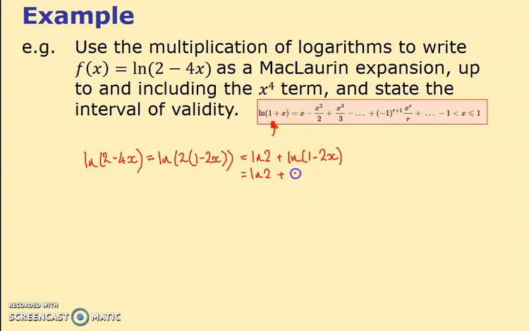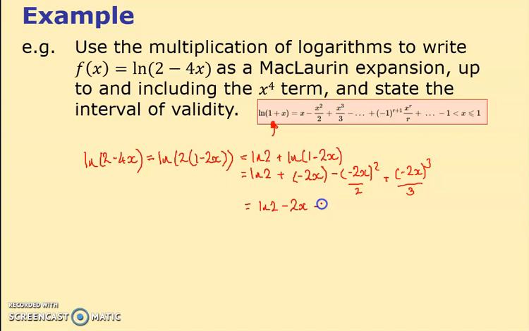So rather than x, I shall write minus 2x, minus 2x squared over 2, plus minus 2x all cubed over 3. I said factorial, it wasn't factorial. So this is log 2 minus 2x, and that's plus, so that's divided by 2 gives me 2 again.